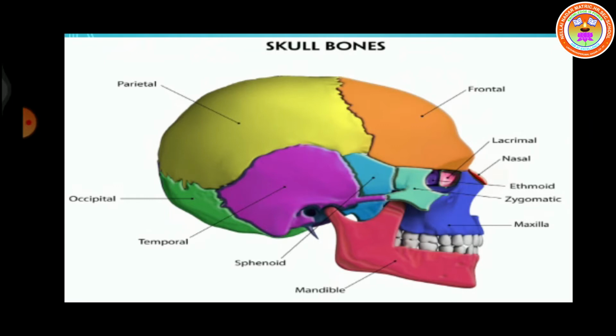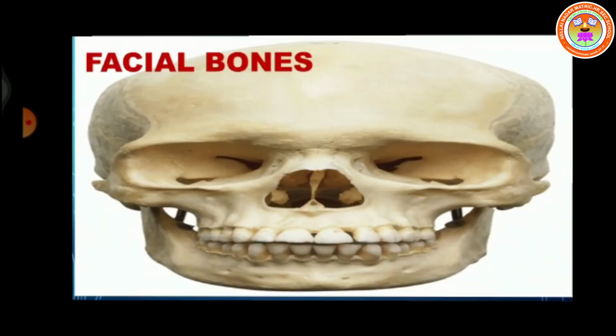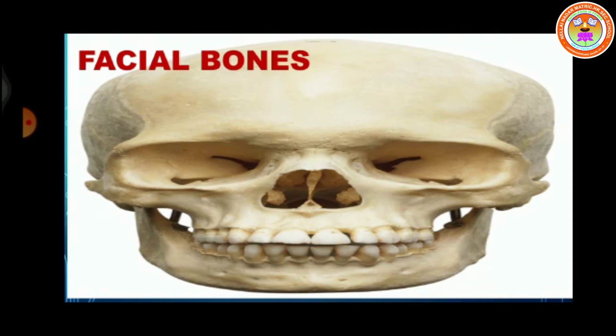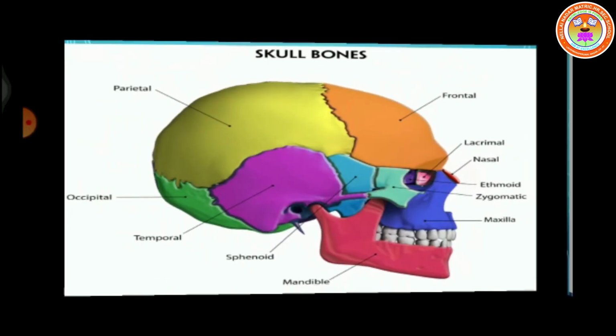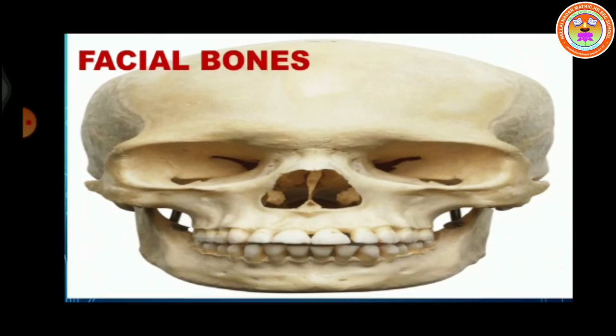The upper part, the head region, the 8 bones together are called the cranium, and the 14 bones fuse together to form the face. The front of your skull is called the face, and the upper and back part is called the cranium. The cranium has 8 bones, and the face has 14 bones.